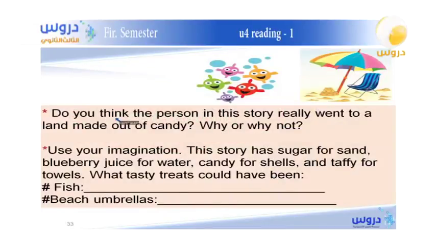Past reading. Do you think the person in the story really went to a land made of candy? Why or why not? Yes. Even if it's a dream, it really felt real. Use your imagination. This story has sugar for sand, blueberry juice for water, candy for shells, and taffy for towels.